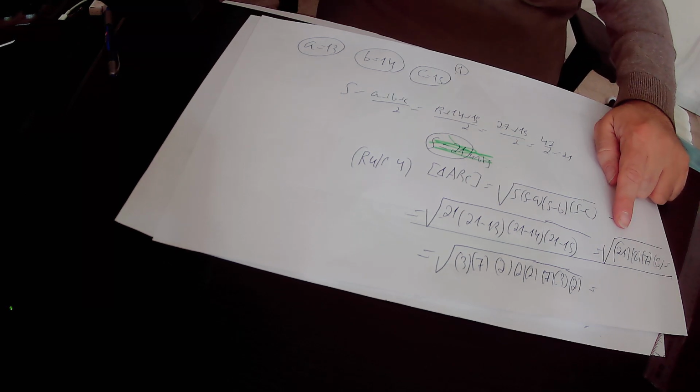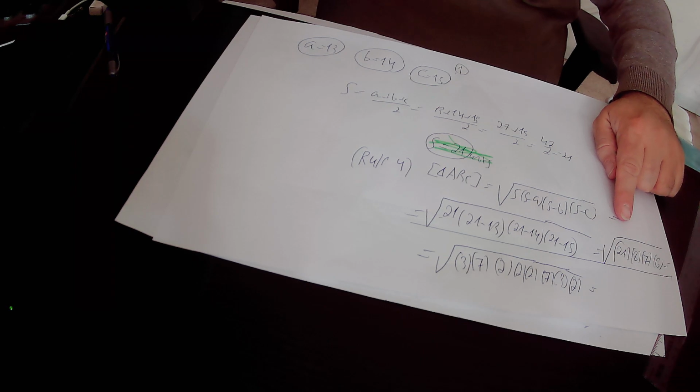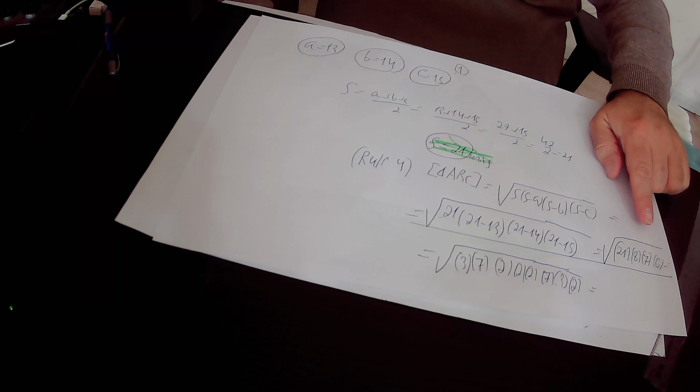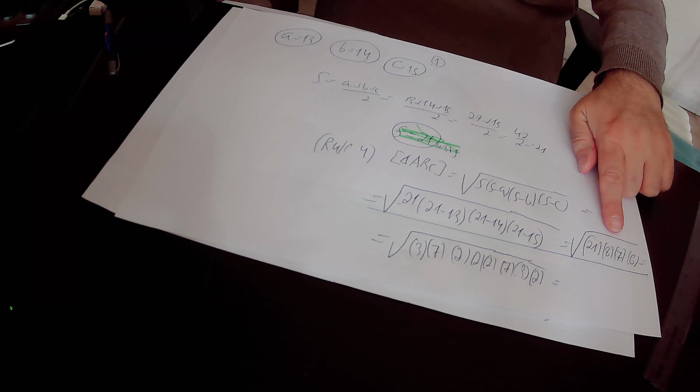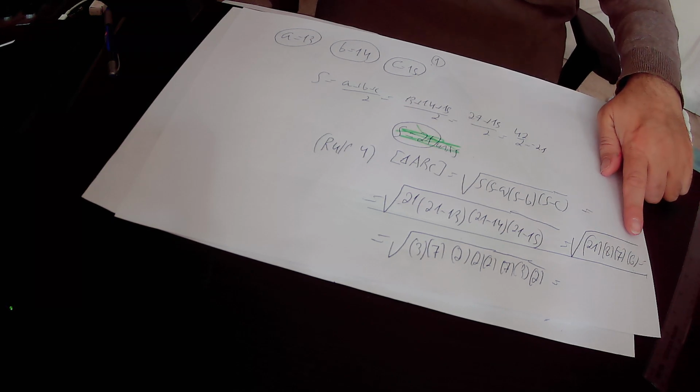Then we substitute 21 by 3 times 7, and we substitute 8 by 2 times 2 times 2. Here we didn't touch the number 7, and we substitute 6 by 3 times 2.